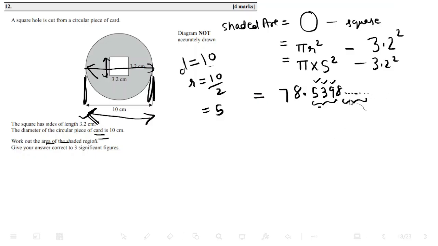So the shaded area is circle minus square. We have to find out the shaded region.